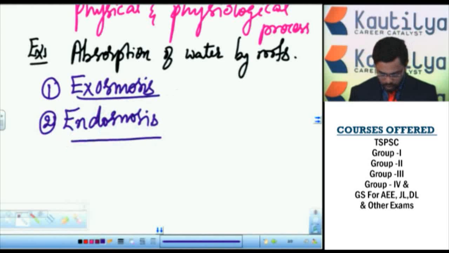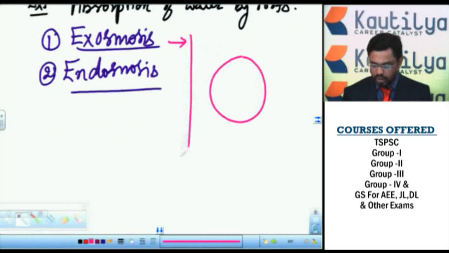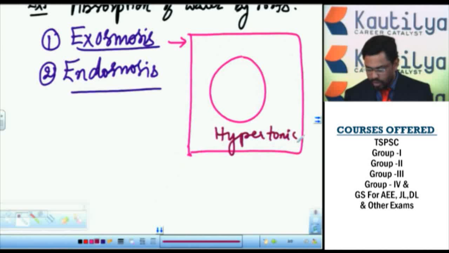Here exosmosis means when a plant cell is kept under a hypertonic solution. Hypertonic means a highly concentrated solution.